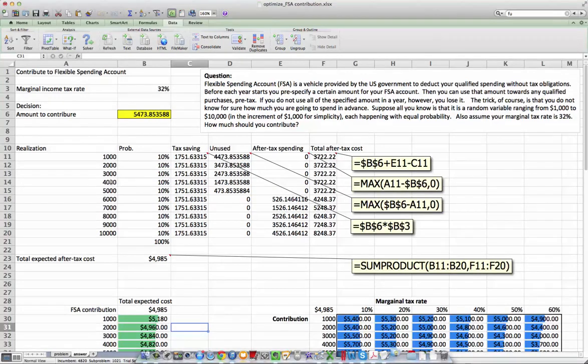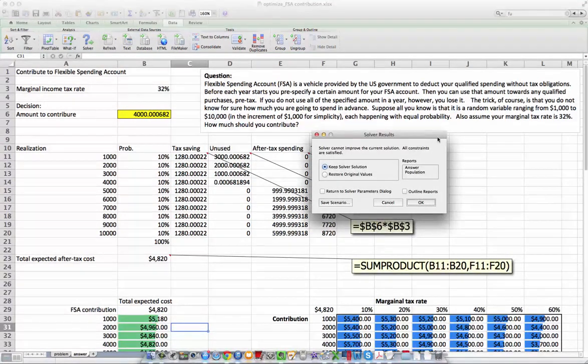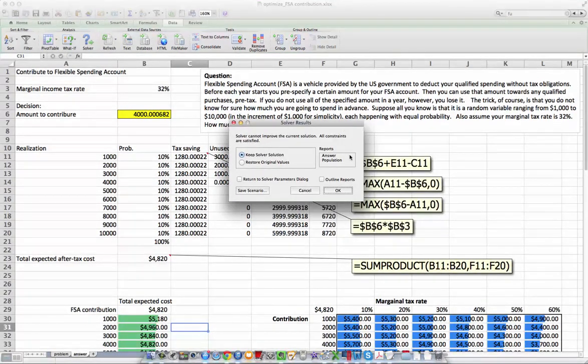So you can see that it is really close, and finally it says Solver cannot improve the current solution, all constraints satisfied. Indeed, 4,000 is the lowest one. So that's how you solve this problem with uncertainty, either using scenario analysis or using Solver.